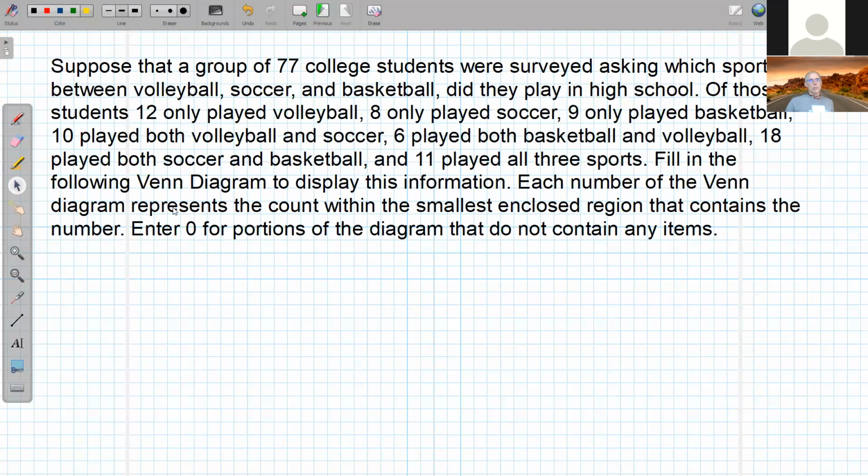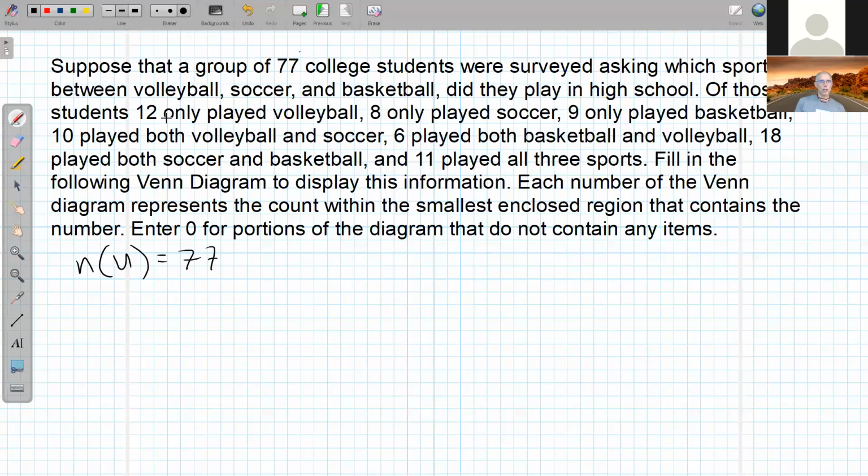Okay, so suppose a group of 77 college students. Okay, so just going to take some notes as I go here. The number of things in my universe is 77. That's up here. Whether they play volleyball, soccer, or basketball. Did they play in high school?